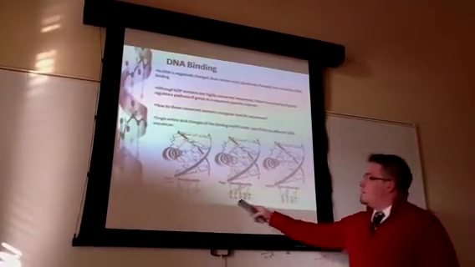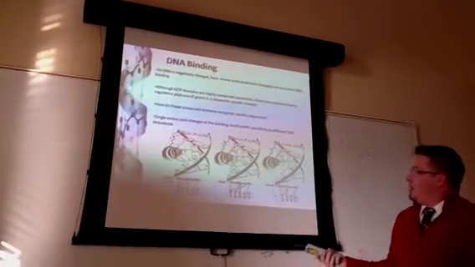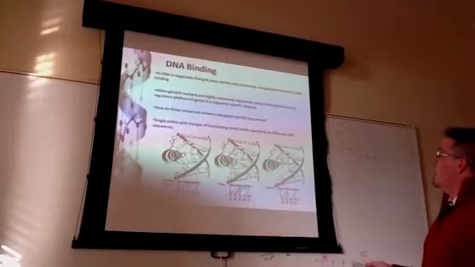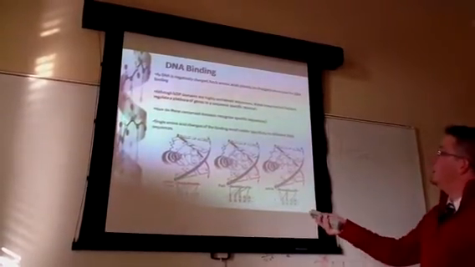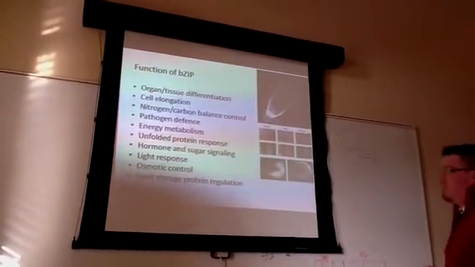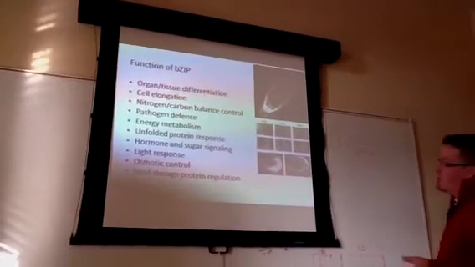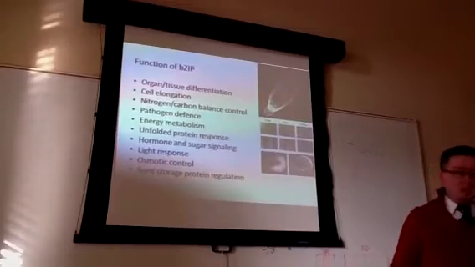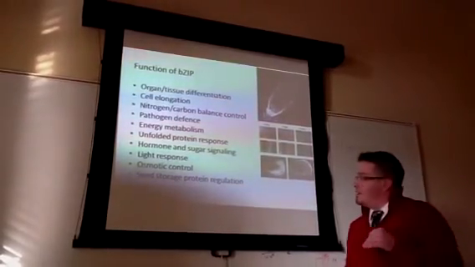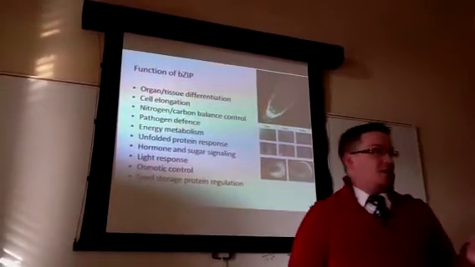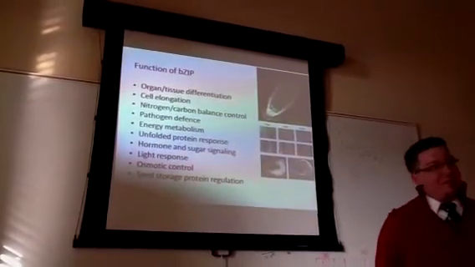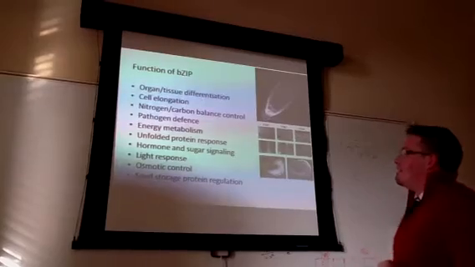And simple 1 or 2 amino acid changes can give it an entirely new binding sequence. bZIP, like I said, has many functions, from tissue differentiation to seed storage and protein regulation.